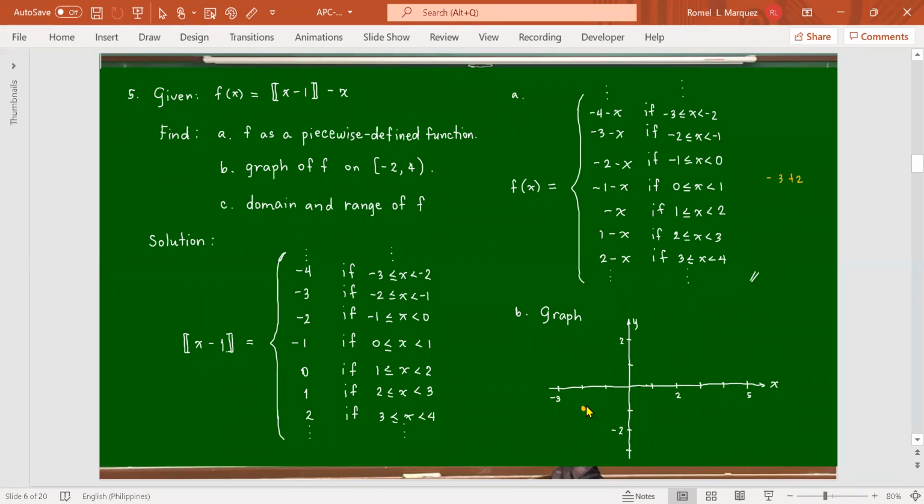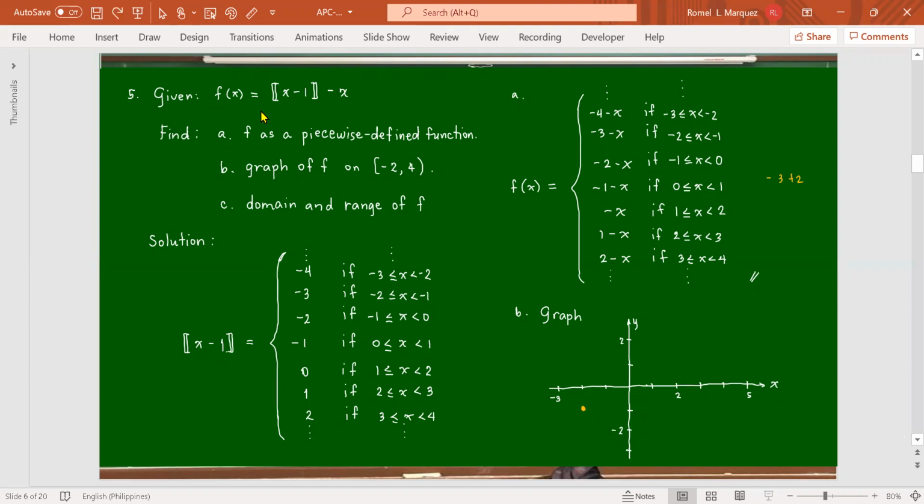Am I correct? Is it included? Yes. It's included. What about when x is negative 1? When x is negative 1, negative 3 minus negative 1 is negative 2. Am I right? But it's not included. It's open. Is it clear, children?